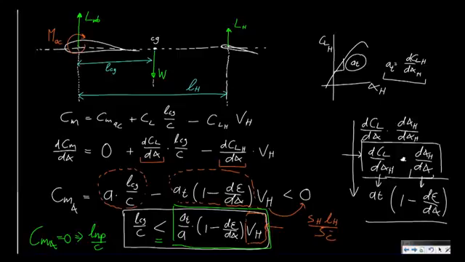You can therefore also say that the center of gravity has to be before the neutral point, because this distance has to be smaller. So the center of gravity has to move in this direction to make it more stable, and it might even be negative. The more forward, the more stable it is.